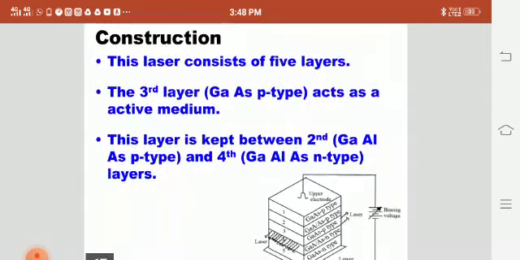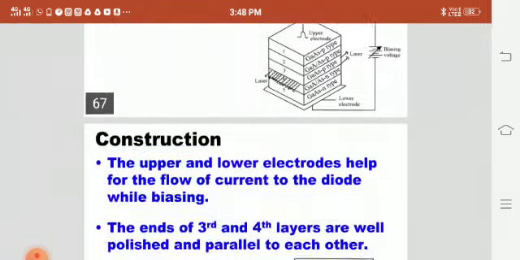Now we'll see the construction of the laser. This laser consists of 5 layers. Here the third layer, that is gallium arsenide, acts as an active medium. Here the laser is produced. This layer is kept between the second and fourth layers, that is gallium aluminum arsenide p-type material and gallium aluminum arsenide n-type material.